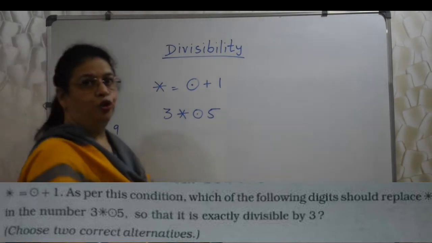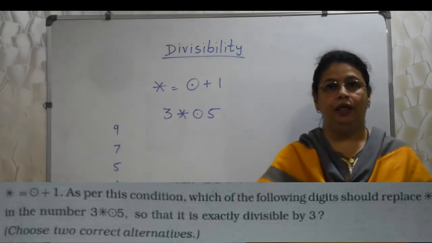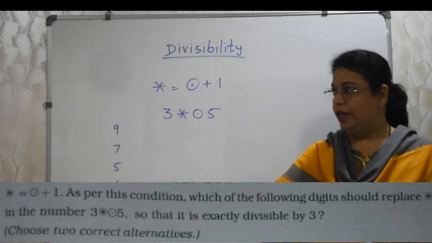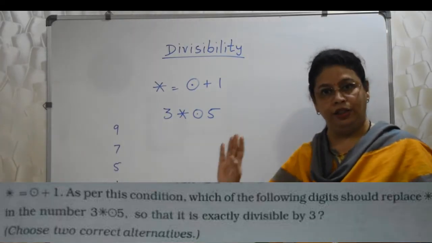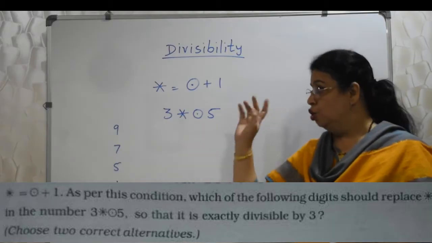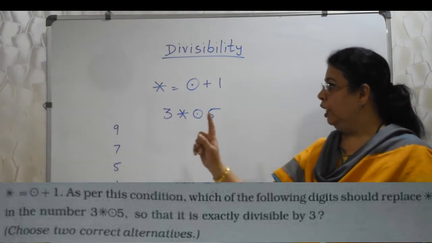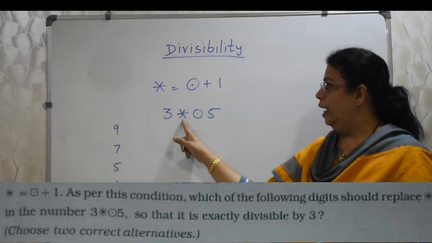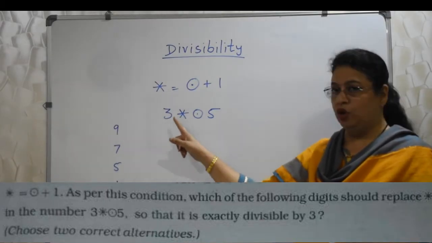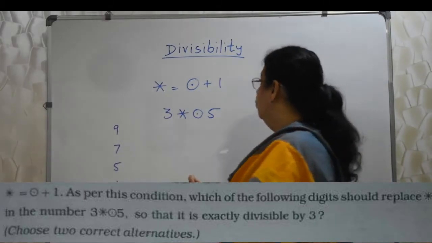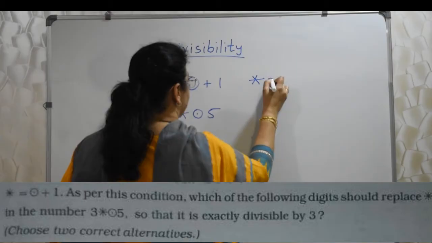See, first what should come to your mind is the divisibility of 3. You all know it is the addition of all the digits, but here the digits are not there. So in this case, we are supposed to take help of the options. These are the possibilities for the asterisk, because that is what they have asked us to find out.